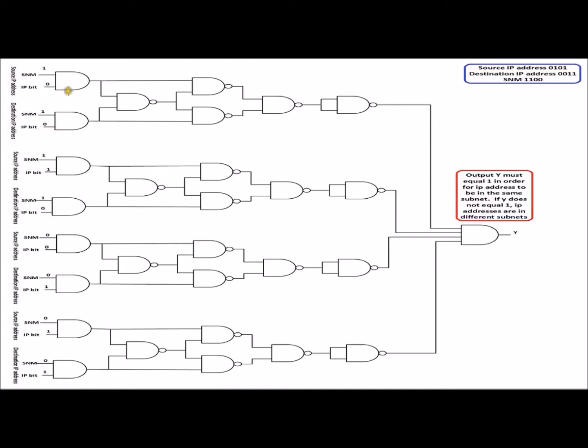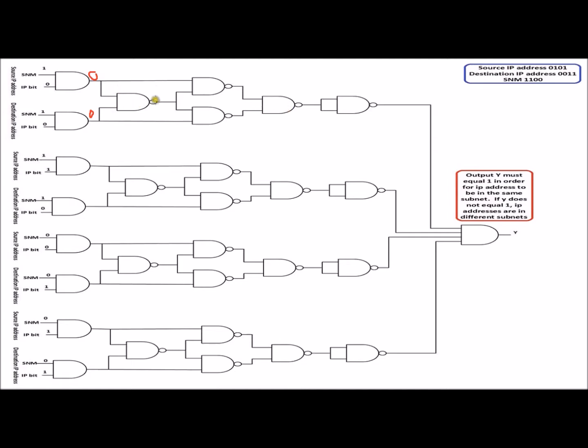So again, we go through the process of these gates. A 1 and a 0 ANDed together is a 0. And a 1 and a 0 again is a 0. So we kind of know from the last example that when we start out like this, we're going to end up with a 1 at the end.